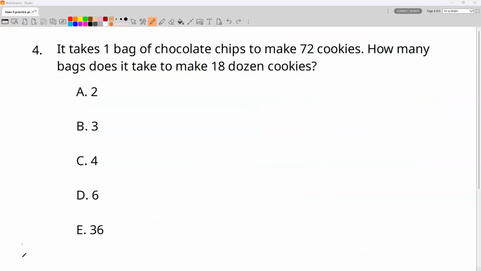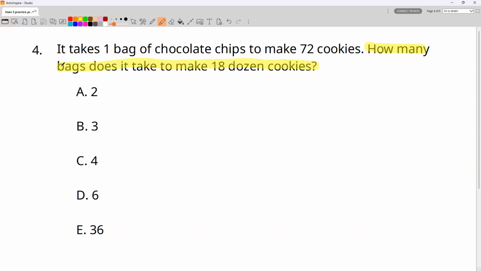Question 4. It takes one bag of chocolate chips to make 72 cookies. How many bags does it take to make 18 dozen cookies? Well, let's see. Let's highlight this here. Bags does it take to make 18 dozen?